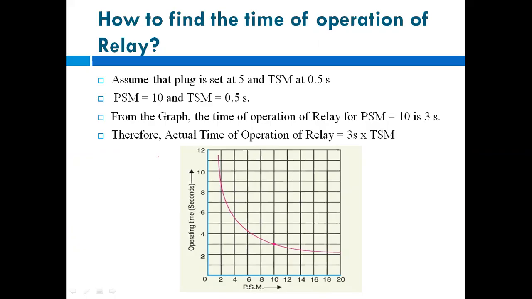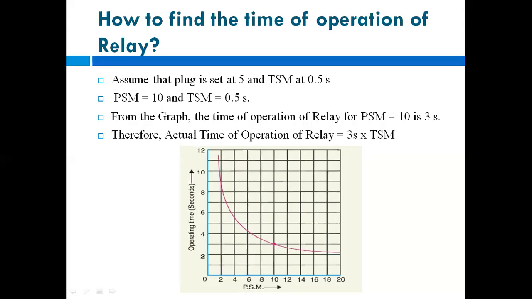Then you can set the value also there, means plug setting is there. Here we are considering that the plug is set at 5, and the time setting multiplier is at 0.5 second.